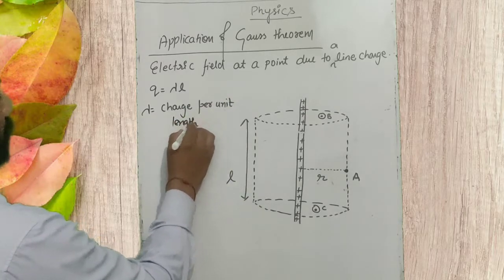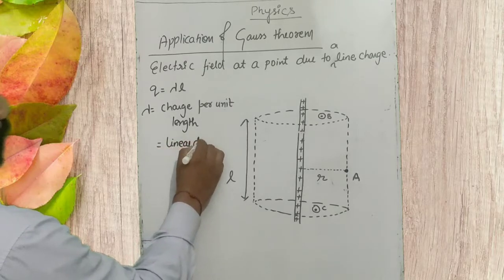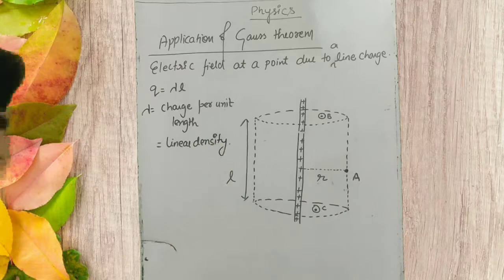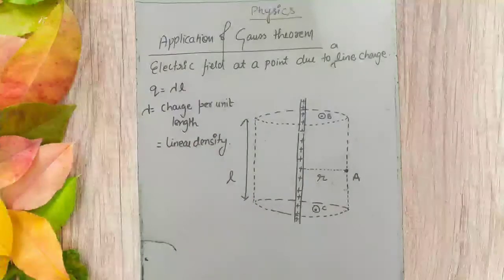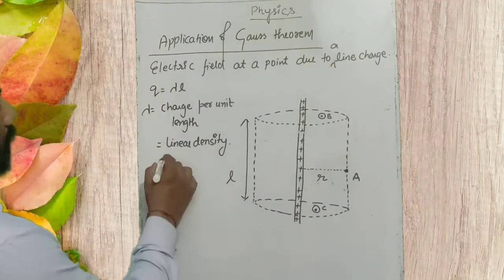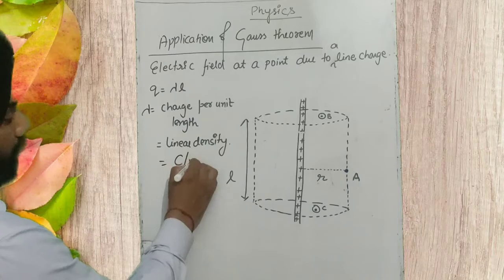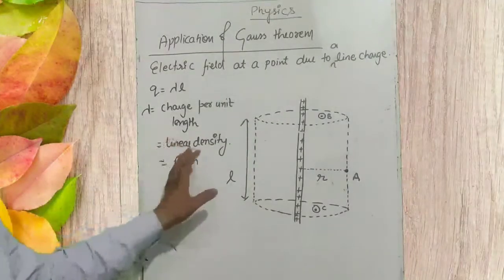And what is this lambda called? It is called linear charge density. Okay, so one more term I have explained to you. What is linear charge density? It is the charge per unit length. Its unit will be, lambda is equal to Q by L, coulomb per meter. Okay, this must be the unit of linear charge density.